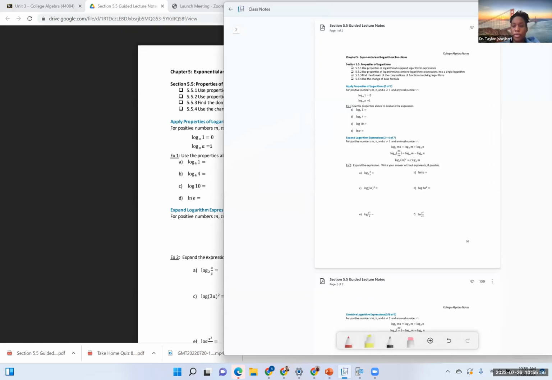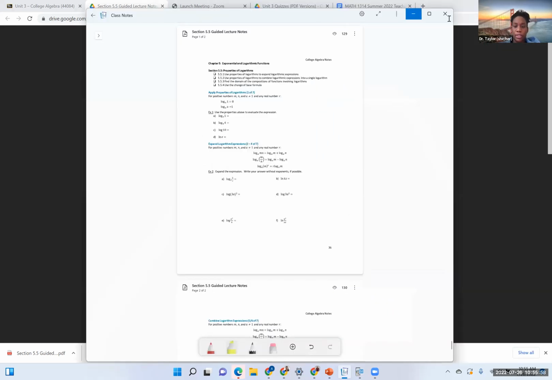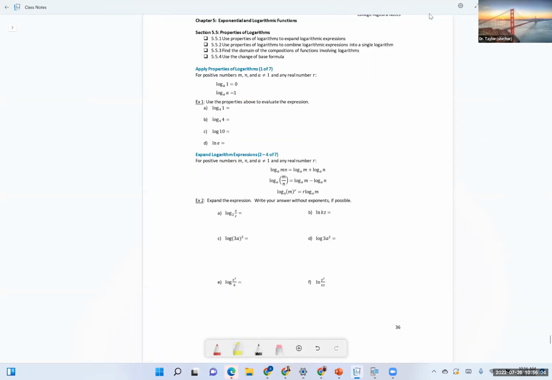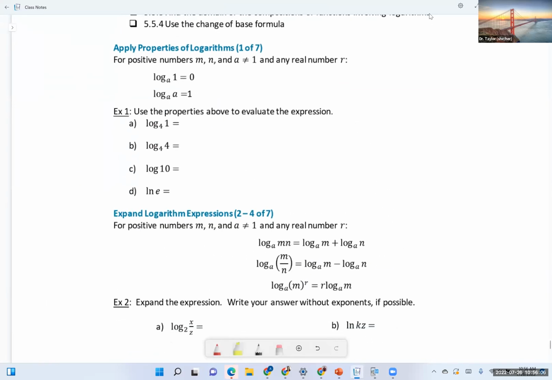All right, it's only 2 pages. 5-5 is really short, so I think we'll have time to cover it, at least give you an introduction to it. So this one, 5-5, is capitalizing on our understanding of logarithms, and it's now talking about logarithmic properties that will help us to easily solve things.